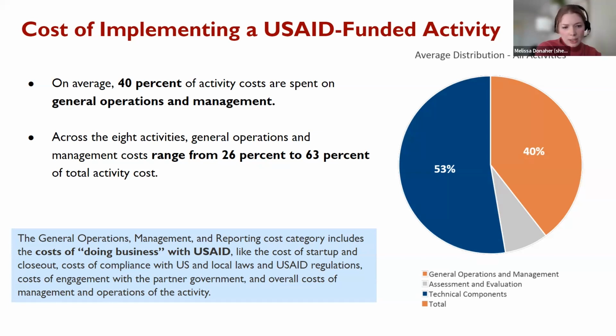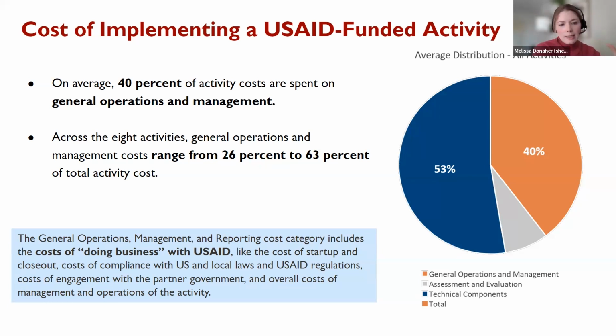And it's important to note, we're not looking to label this as either good or bad, but more it's just important to know. And so one of the steps that we're still taking as we finalize this analysis is digging deeper into the cost drivers in each of these contexts. So why might we see in some contexts that the number was as low as 26 versus 63?